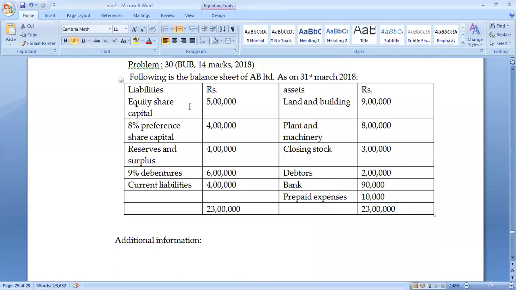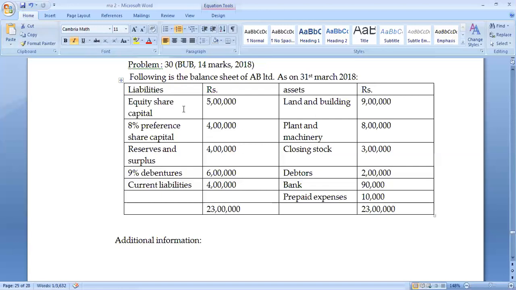Okay. Here, the following balance sheet of AB Limited as on 31st March 2018 is given. There are liabilities in rupees and assets in rupees.